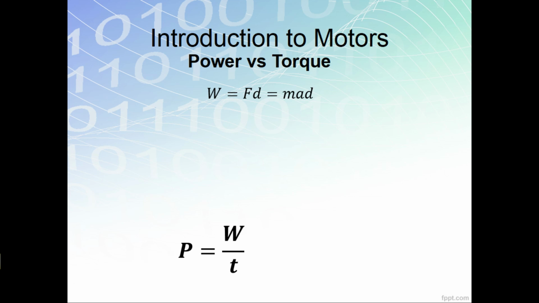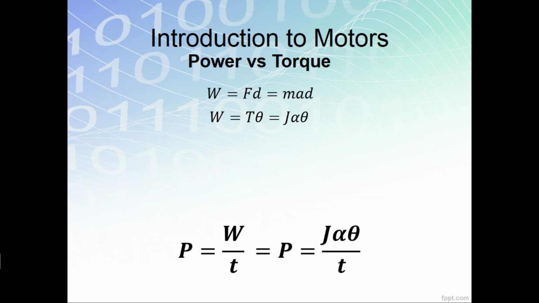The linear acceleration would also be replaced by the angular acceleration. So therefore, power is equal to the moment of inertia multiplied by the angular acceleration and the angular displacement divided by the time.